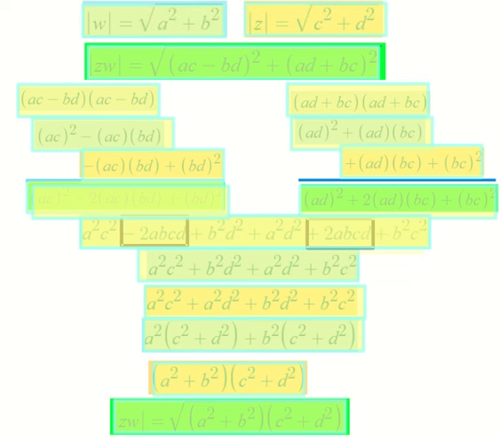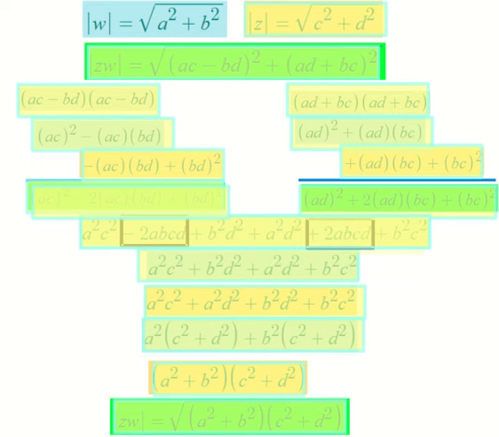Okay, for question 1b, calculate the moduli of vectors w, z, and zw. So first, when we look at w, the modulus of vector w is the square root of a squared plus b squared.